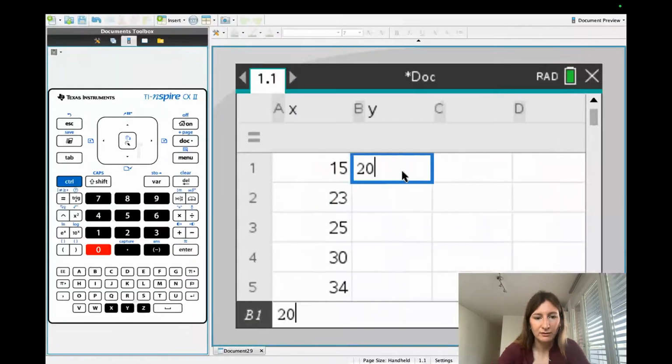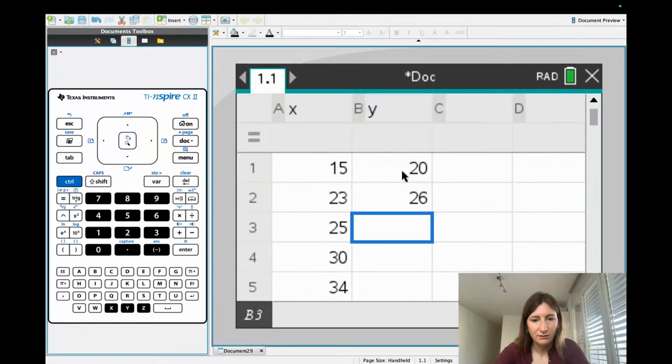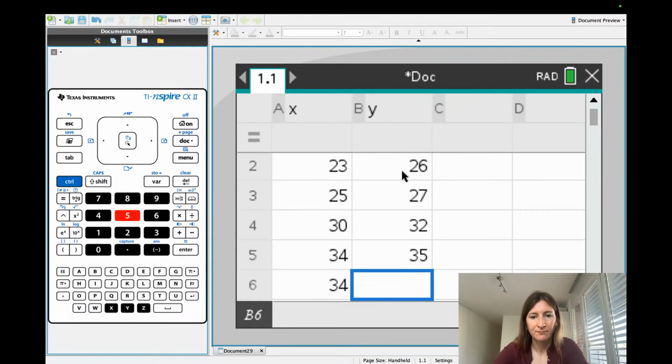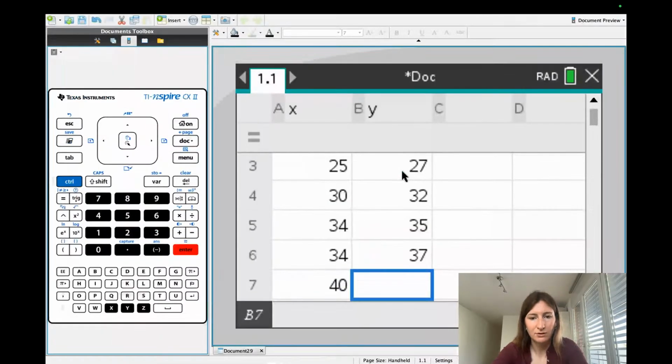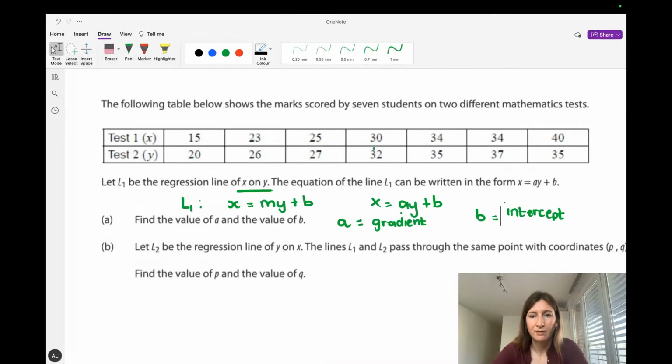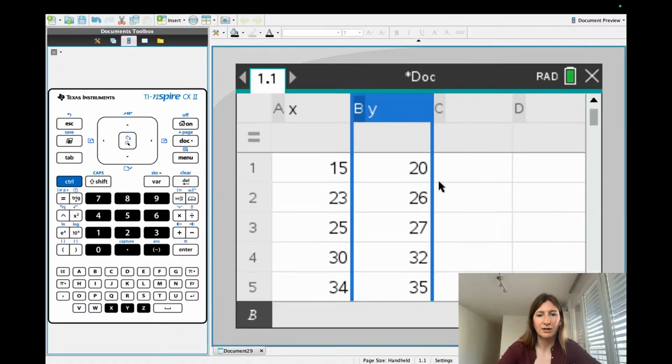Then 20, 26, 27, 32, 35, 37. Interesting. Do you see how it was increasing here, and then it went down again to 35? Interesting. All right, now we've got our data.